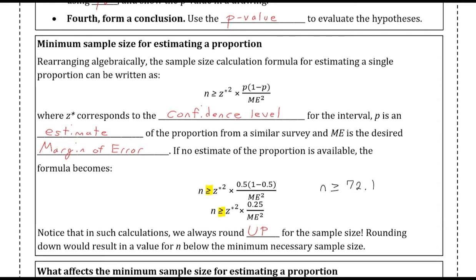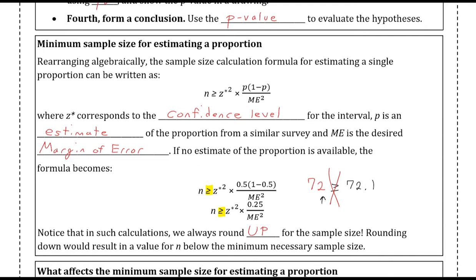72.1, and we were to instead try to choose a sample size of 72, well, then this statement is not true. The sample size we chose of 72 is not greater than or equal to the necessary 72.1. This is why we're going to always need to round up.